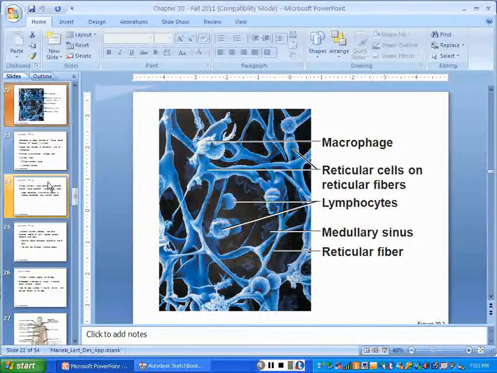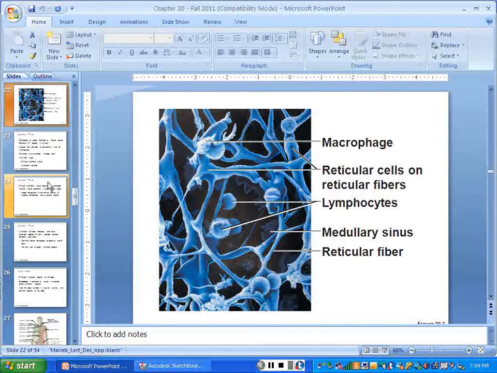Now this is what the generalized lymphatic tissue would look like. In AMP1, when we do histology here at the college, this is one tissue that we don't actually see. When we do connective tissue, we talk about dense regular. You may remember that. Dense irregular in the skin, collagen fibers go in all different kinds of directions.